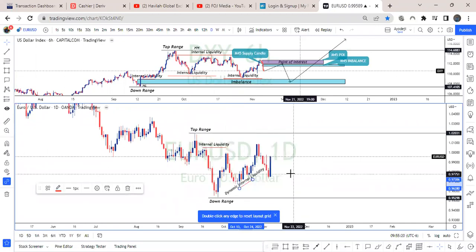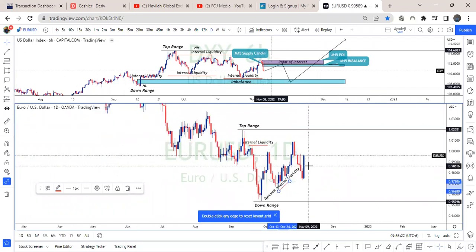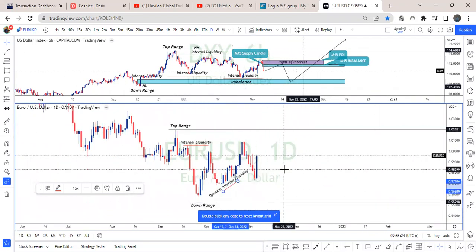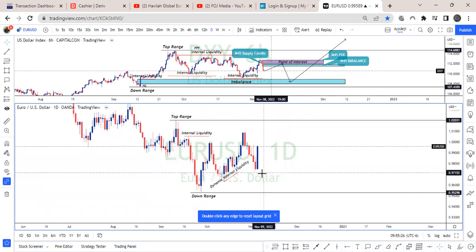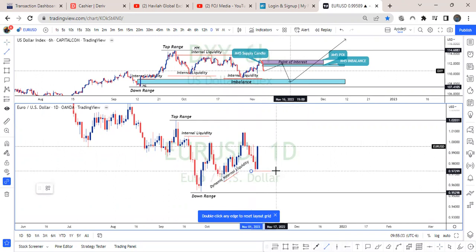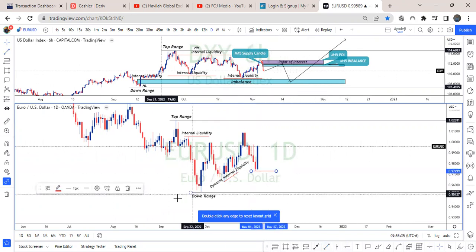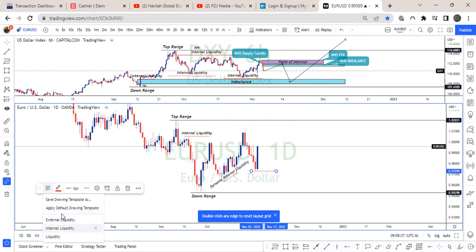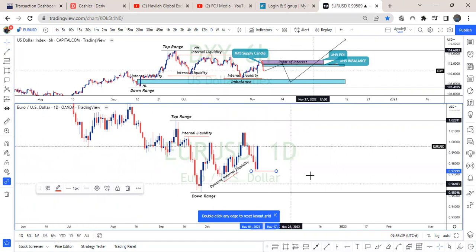And then there's an internal liquidity here too. Remember this is daily time frame. Liquidity on daily time frame.